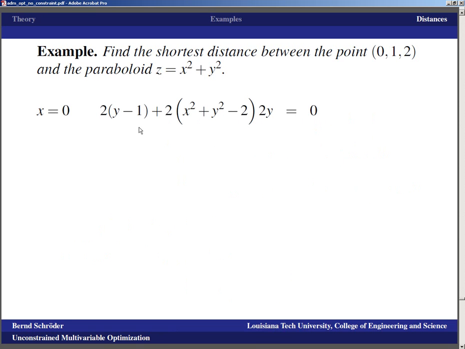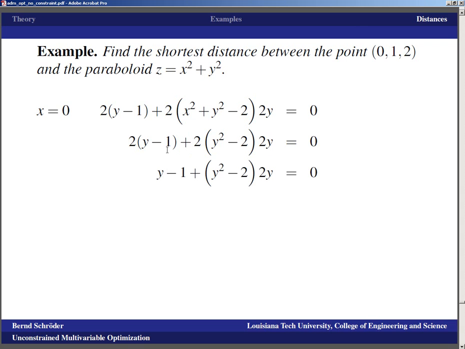Well, we have the other equation, which is 2(y minus 1) plus 2(x squared plus y squared minus 2) times 2y equals 0. And that, of course, with x equals 0 becomes 2(y minus 1) plus 2(y squared minus 2) times 2y equals 0. We just drop the x squared, right, because we don't have to carry a 0 with us there. We're going to cancel a 2 again.